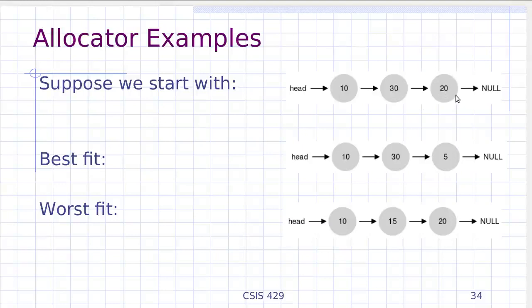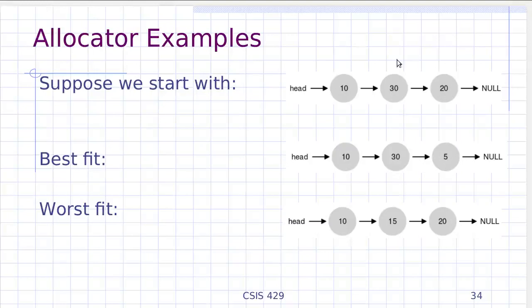Then let's say we get a request for 15 units of space. If you use best fit, you would say 10 is not big enough, 30 is big enough, but let's look for a better fit. So you would find the 20, and allocate 15 out of the 20, leaving us with this small chunk in this case.